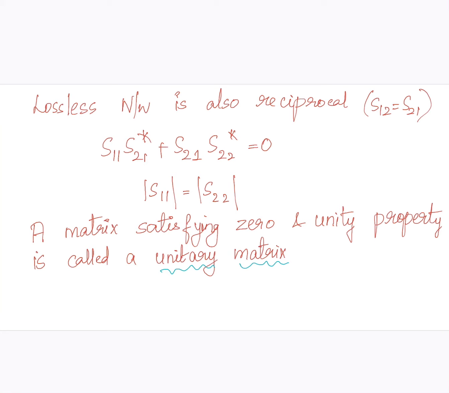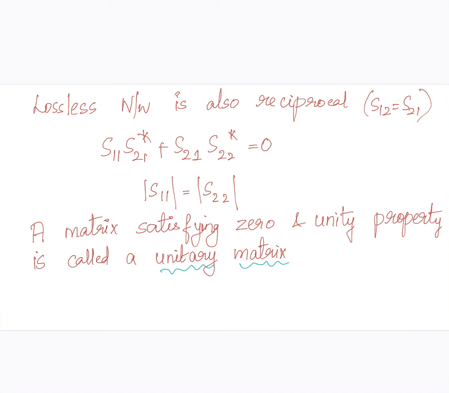Again, if you consider lossless network, so S12 will be equal to S21. So we have the general expression given as S11 into S21 conjugate plus S21 into S22 conjugate is equal to 0. Also modulus of S11 will be equal to modulus of S22.